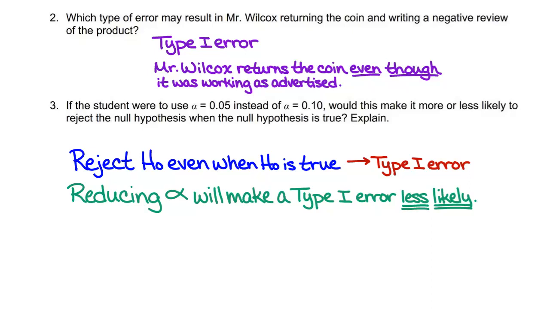So if I'm describing what a type 1 error is, I could say that I find evidence that the coin is not working as advertised when it really is. Or I can use those p-values to talk about that. As I'm describing a type 2 error, I could say that we didn't find evidence that the coin's not working, but it's really not working. So that would be another way. I would accept either one of those.